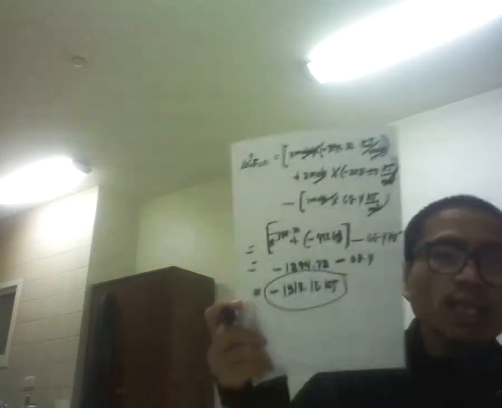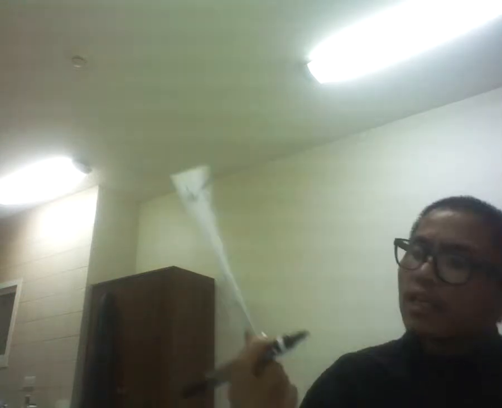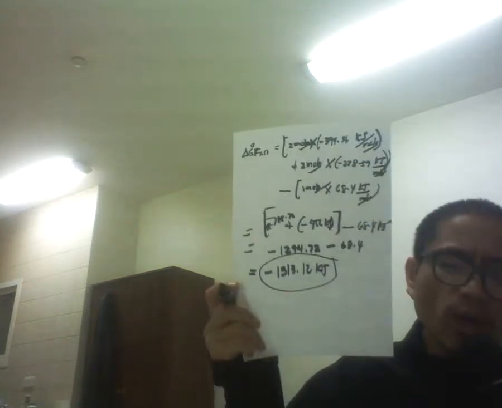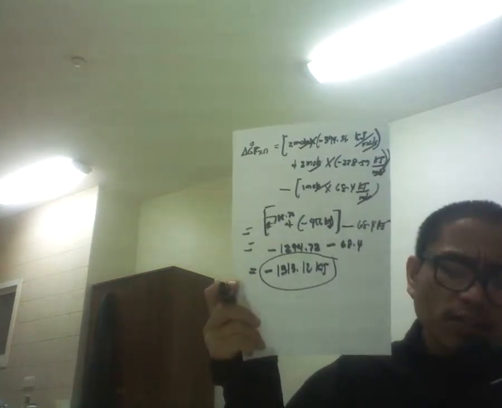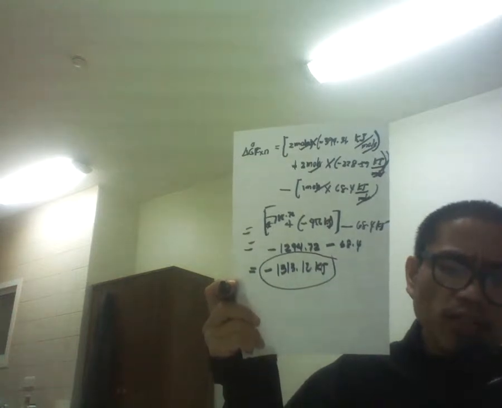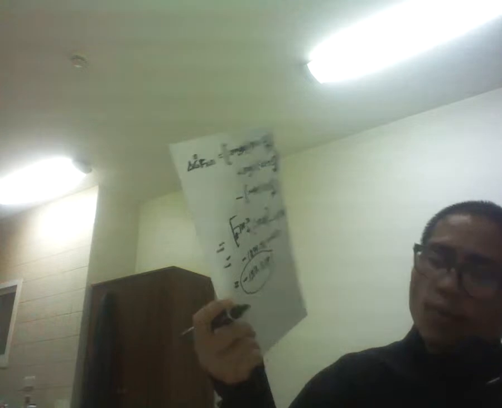Minus 68.4 kilojoules, the unit, so plus 68.4 gives 1313.12 negative kilojoules. This is the answer. The standard change of free energy of the reaction is negative 1313.12.